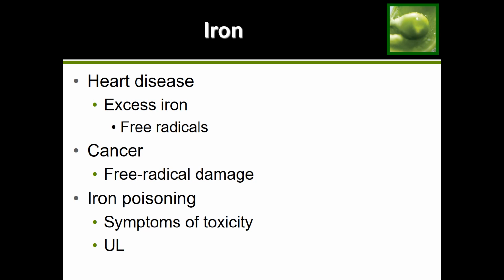A pro-oxidant stimulates free radical production. So conditions that you could develop from free radical damage start to show up in these individuals because all of that extra iron is now stimulating free radical production instead of protecting you from it. And that could include things like heart disease or even cancer.